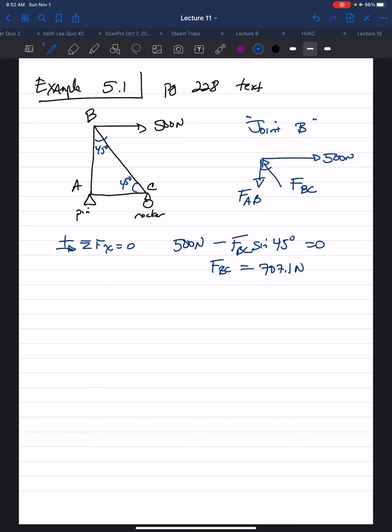Now, the problem asks us to state whether the members are in tension or compression. FBC is in compression. Let's take a look at the sum of the forces in the y direction. We now know FBC is 707 newtons.